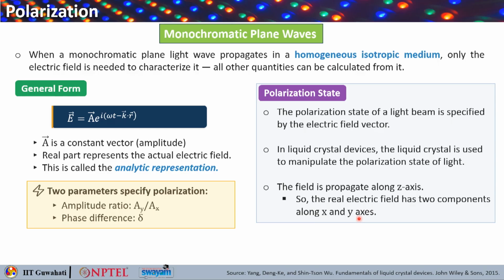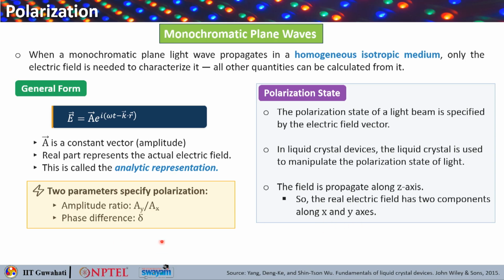You can consider the field to be propagating along the z axis. In that case, the real electric field will have two components, along x and y.